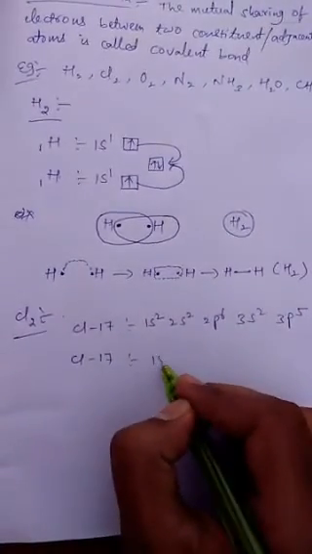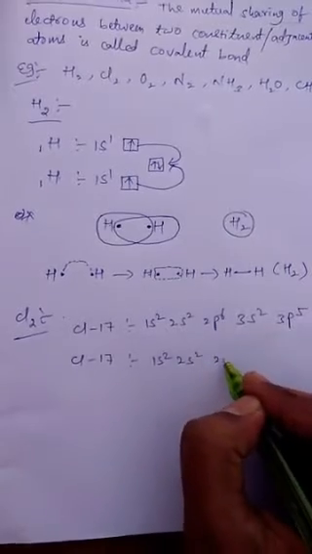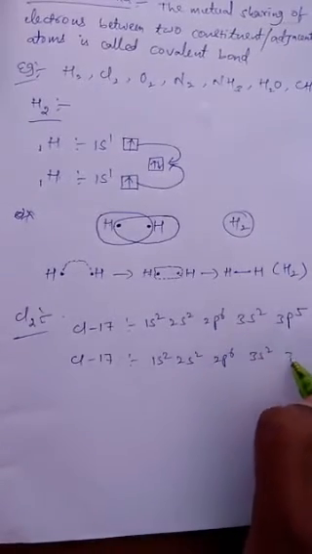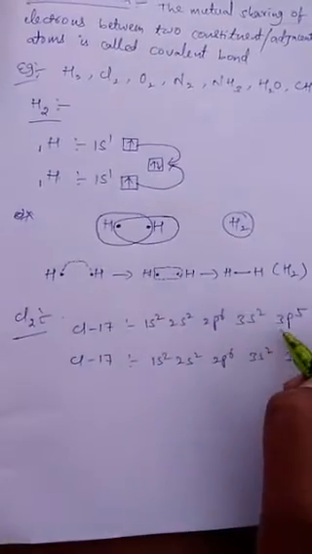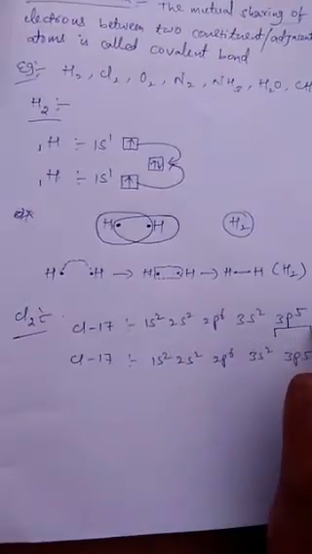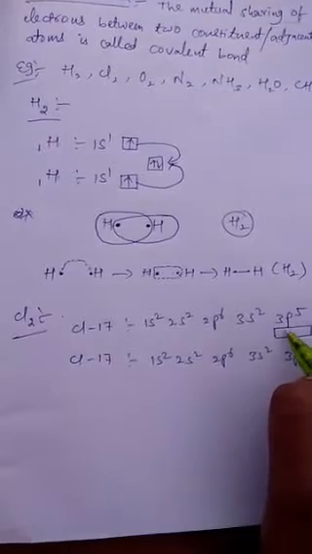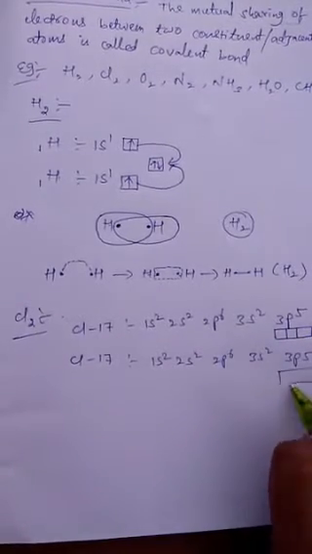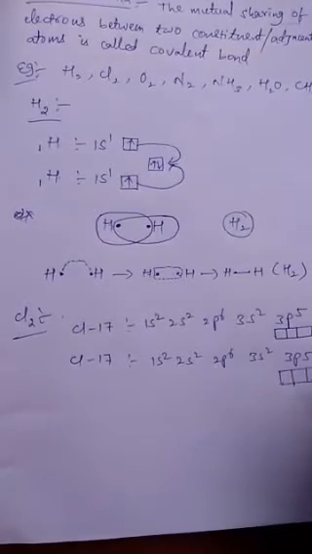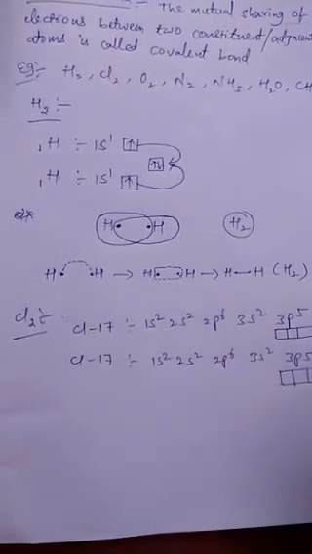For the second chlorine, the electronic configuration is also 1s2, 2s2, 2p6, 3s2, 3p5. The last orbital is the p orbital. The number of p orbitals is 3, so you should draw 3 boxes, meaning 3 orbitals.